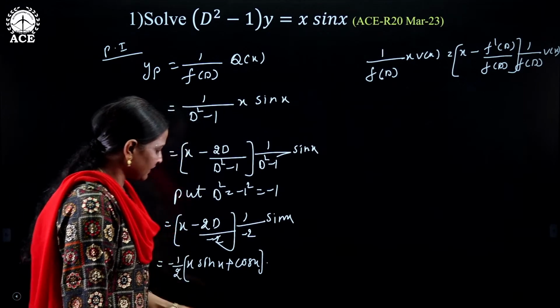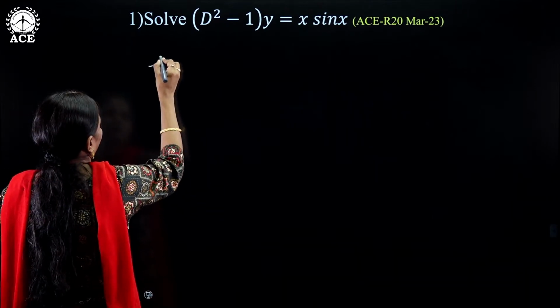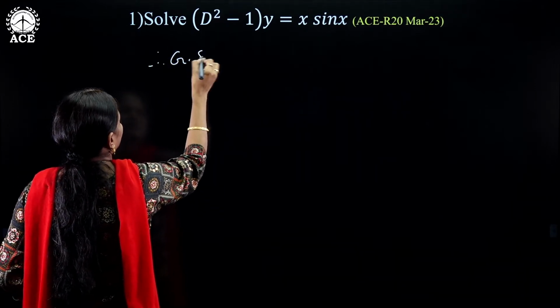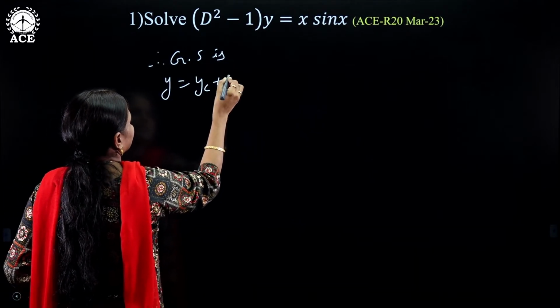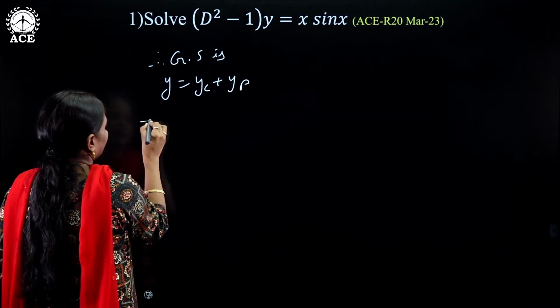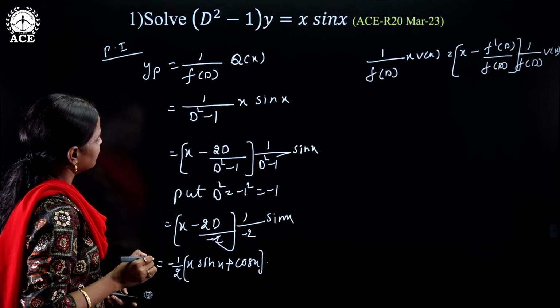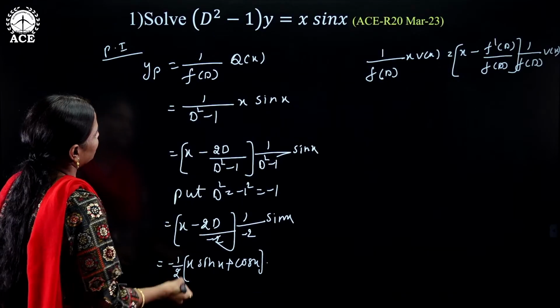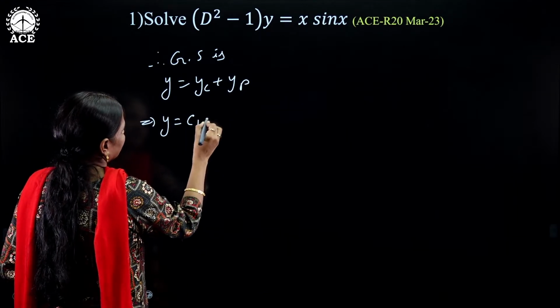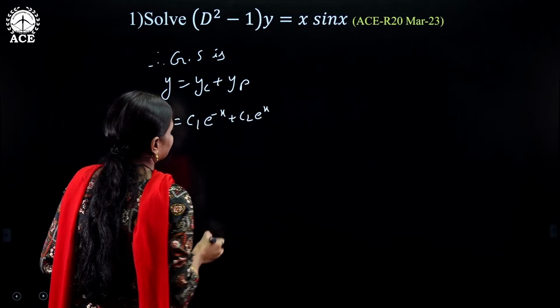So how to write the general solution? Therefore, general solution is y is equal to yc plus yp. So that implies y is equal to, what is the yc here? Yc is c1 into e power minus x plus c2 into e power plus x.